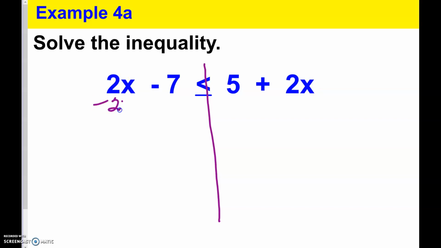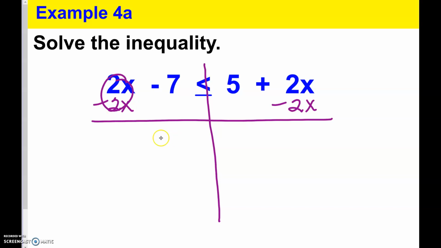So if I subtract 2x from one side, I'm going to subtract 2x from the other side. This will cancel out, so you're left with -7. I just added and subtracted, so I am not going to flip that inequality sign, and I have 5. And 2 minus 2x is going to be 0. So we end up with the statement -7 is less than or equal to 5.